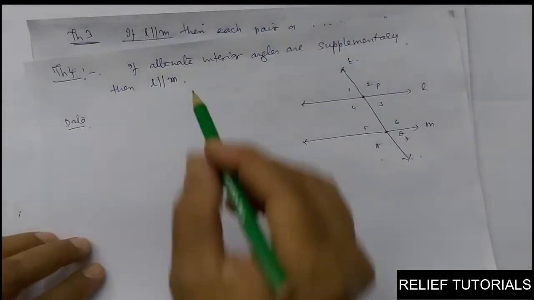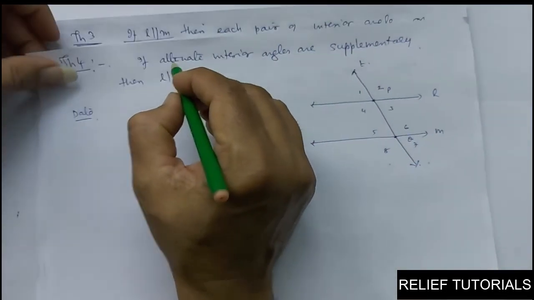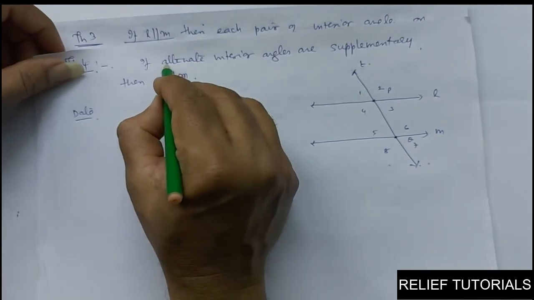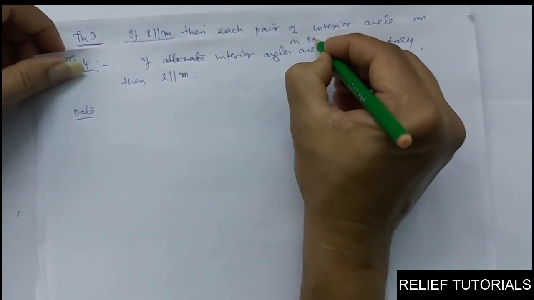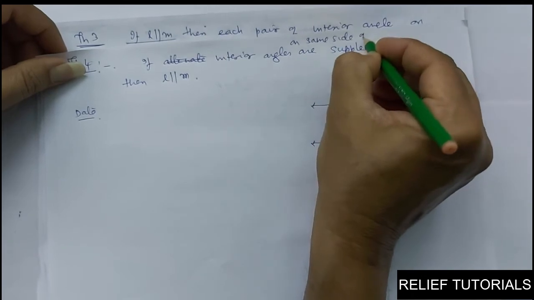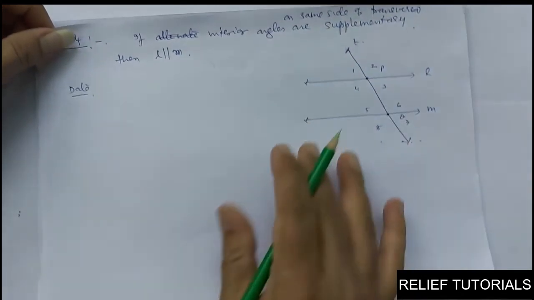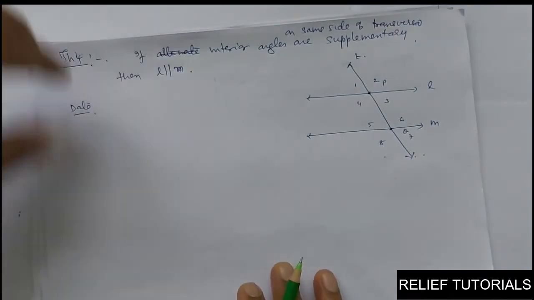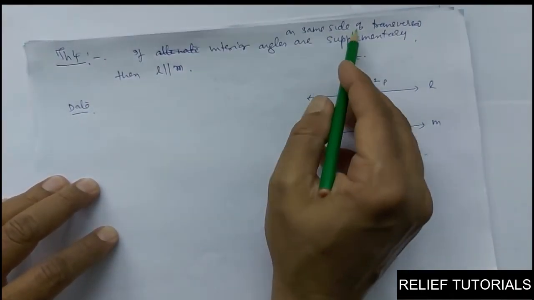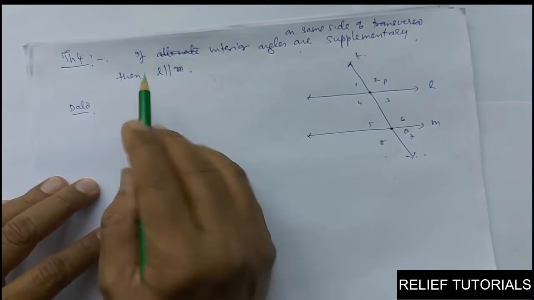Here, what is our theorem? If interior angles on the same side of the transversal are supplementary, then lines are parallel.